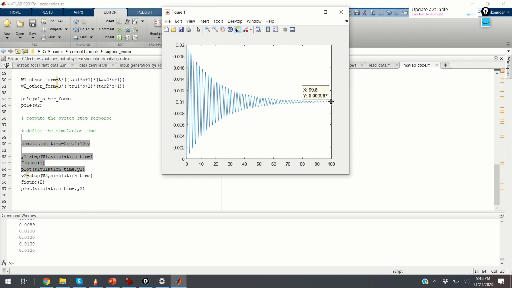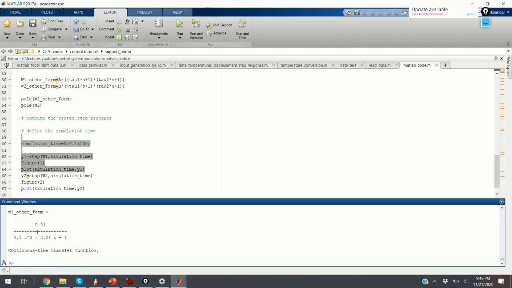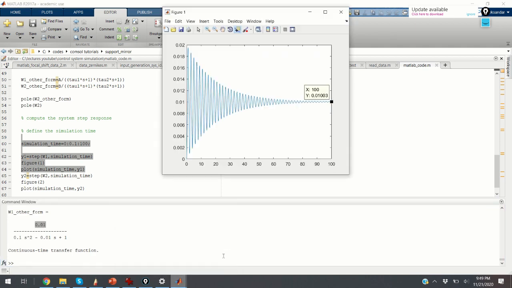The system settles, believe it or not, at the point 0.01, and this point, if you look at the other form of the function, corresponds to the value over here. So our system is basically decreasing the value of the input force. The input force is 1.